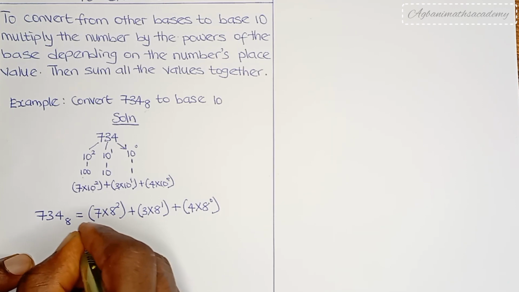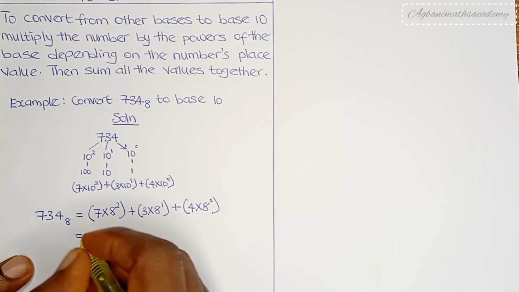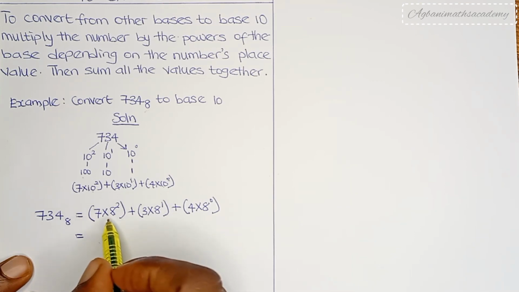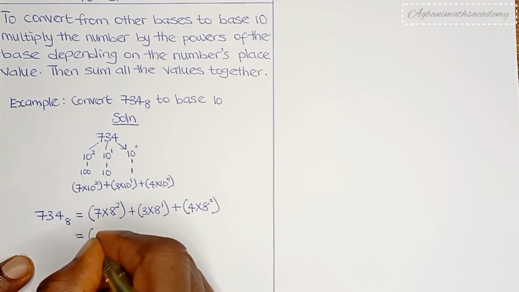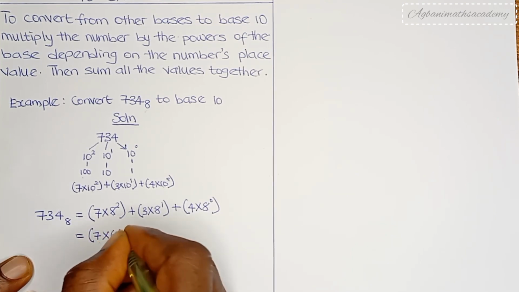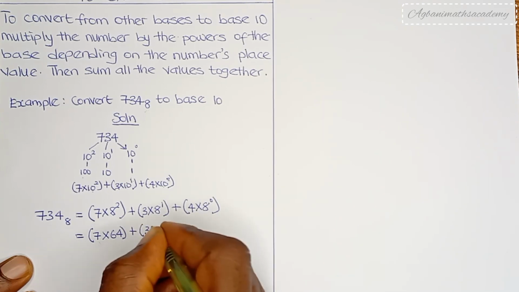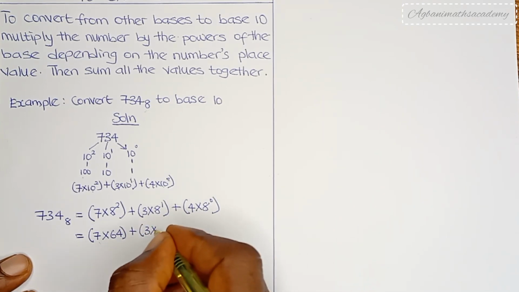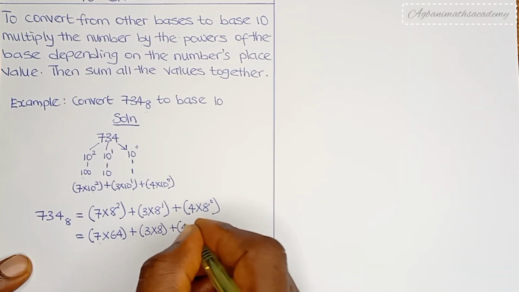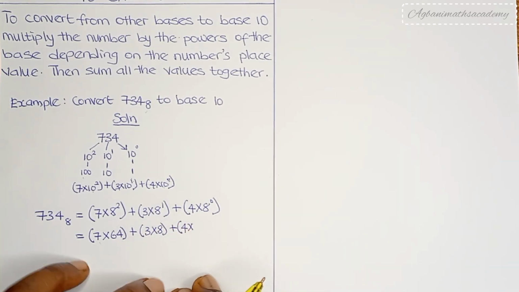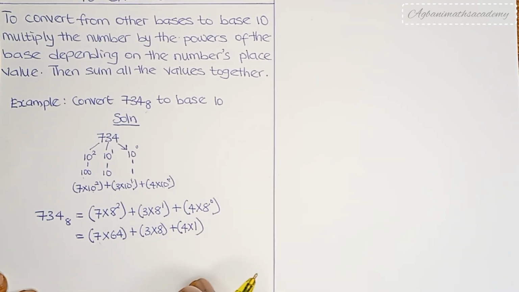Next, let's expand this. 8 squared is 8 multiplied by 8, which is 64. So we have 7 multiplied by 64 plus 3 multiplied by 8 to the power of 1, which is 8, plus 4 multiplied by 8 to the power of 0, which is 1.